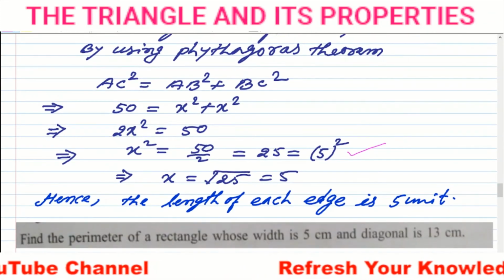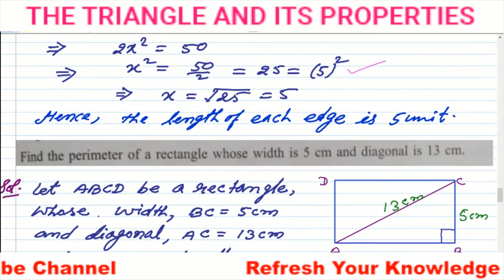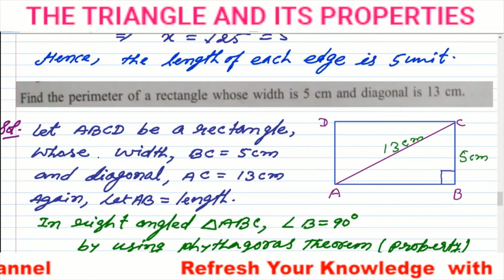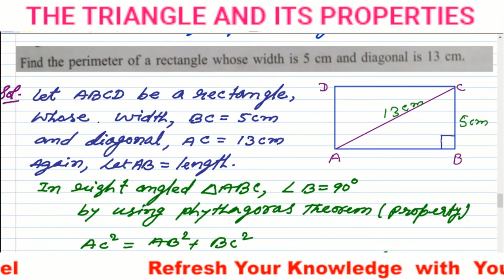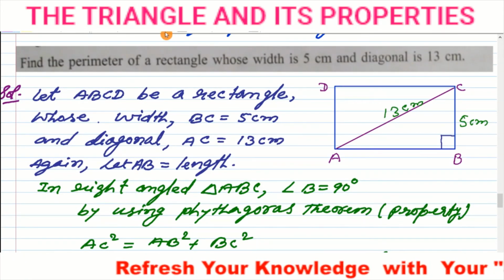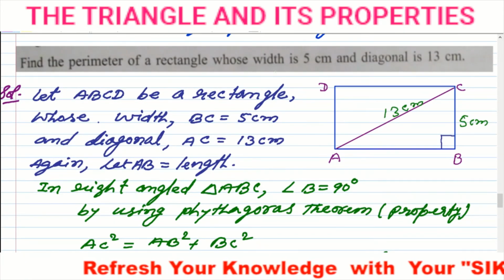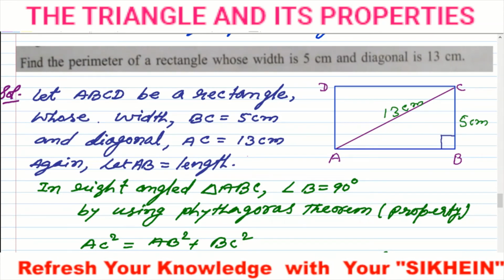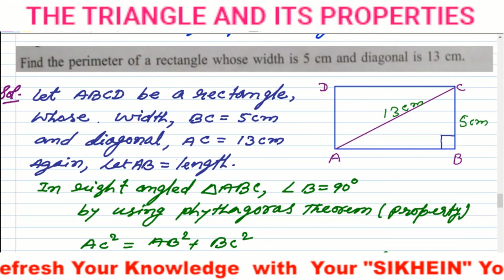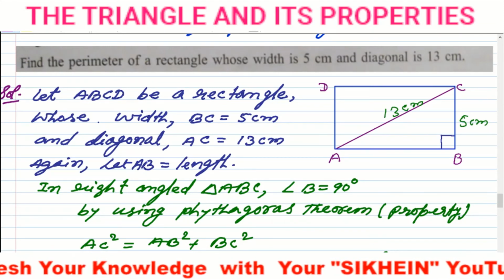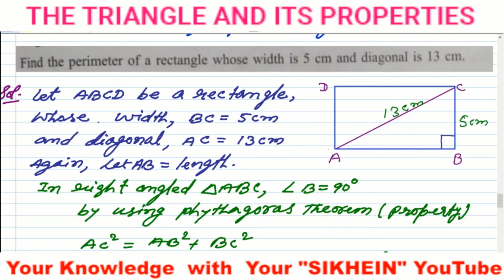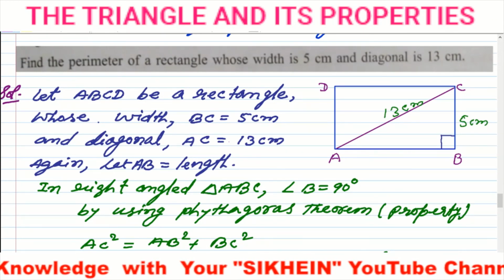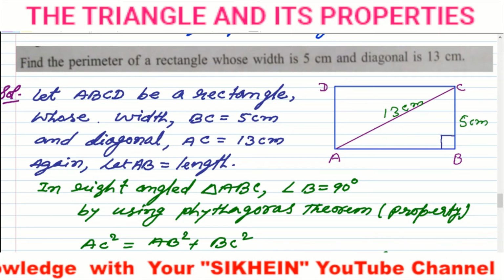Next question. Find the perimeter of a rectangle whose width is 5 centimeter and diagonal is 13 centimeter. Dear learners, according to the question, first of all we will draw the figure, right? We are very familiar with rectangle, square, triangle, so it is easy to understand and solve step by step.